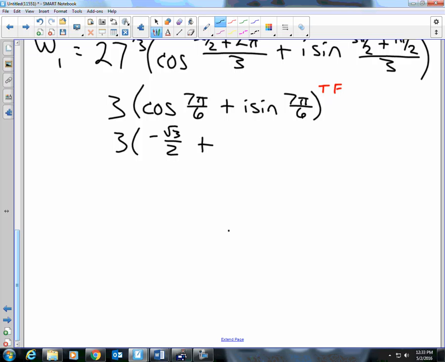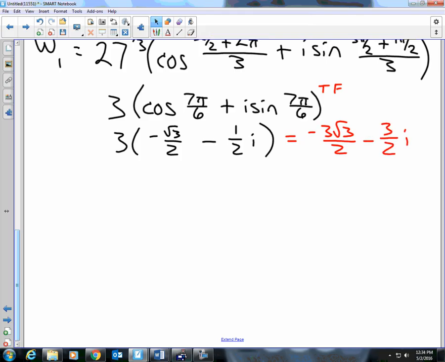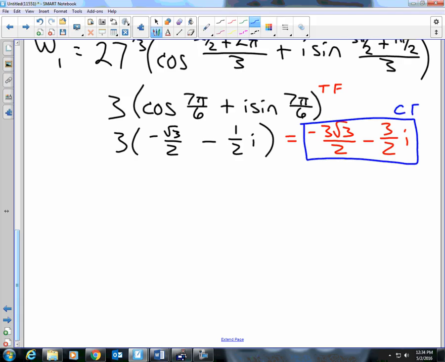What is the sine of 7 pi over 6? Negative 1 half. If we just multiply our 3 through, we get negative 3 root 3 over 2 minus 3 over 2 i. This is not trigonometric form. This is complex form.